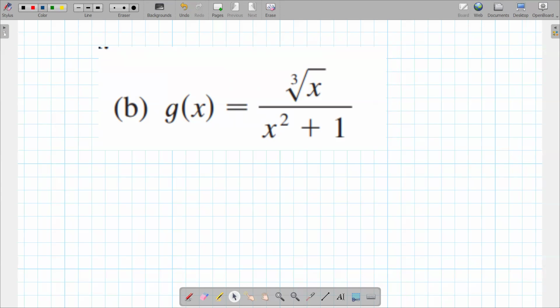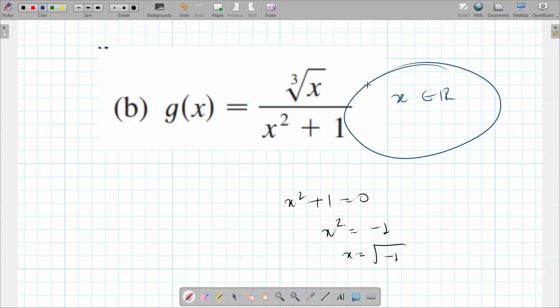The answer is no. There's no value of x that you can plug in there that would make that denominator 0. X squared plus 1, we were trying to see what values would make it 0 here. You get x is equal to the square root of -1, which cannot happen in the real number system. So that means for this question, the domain is that x can take any values.